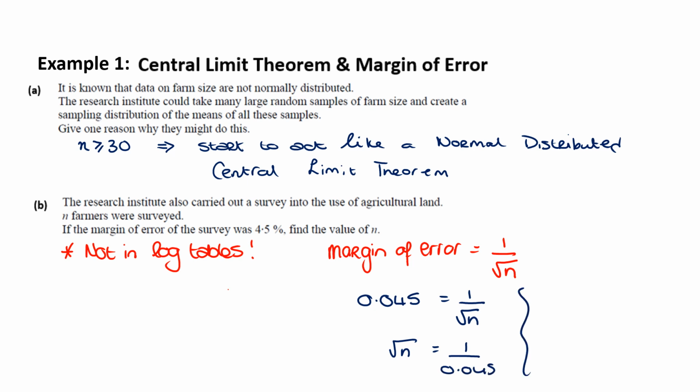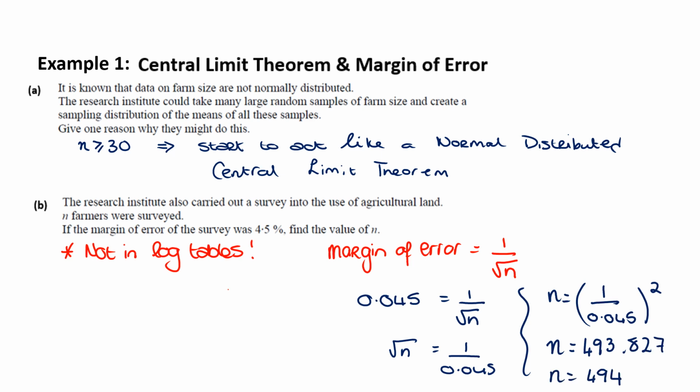That means n is equal to 1 over 0.045. And we square it, and when you do that, we're left with 493.827, and that would be 494.